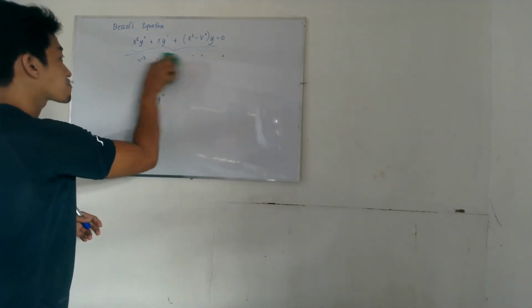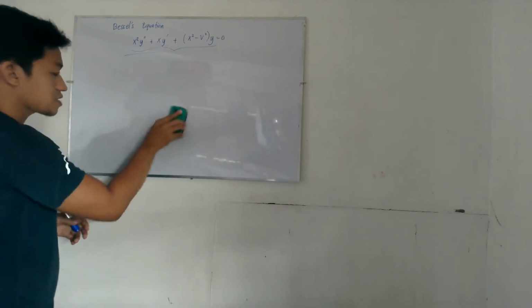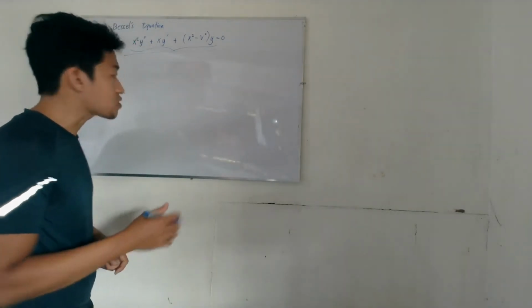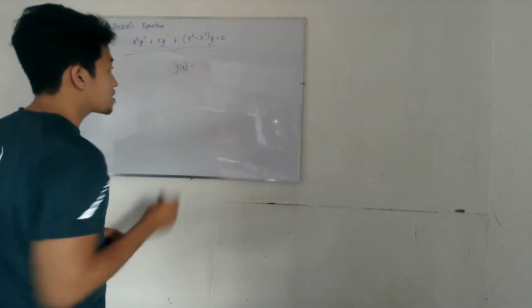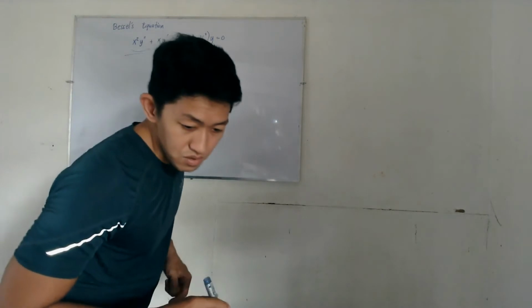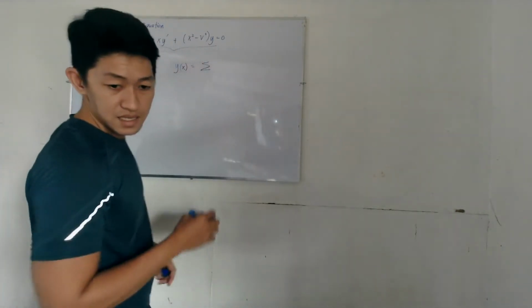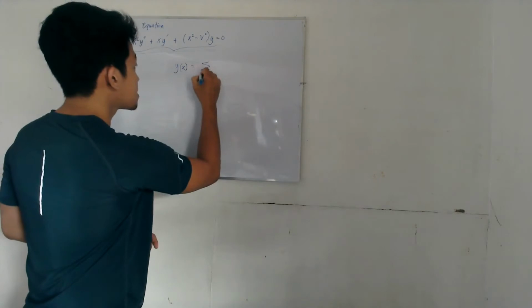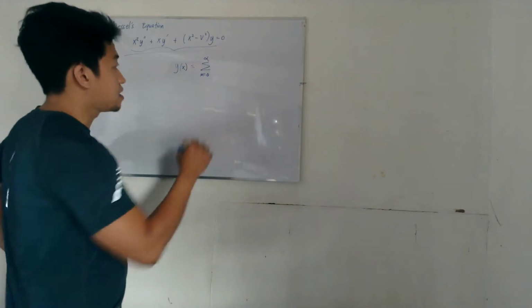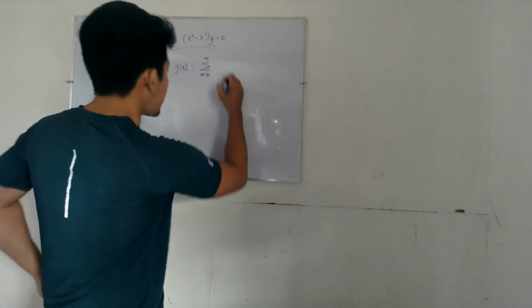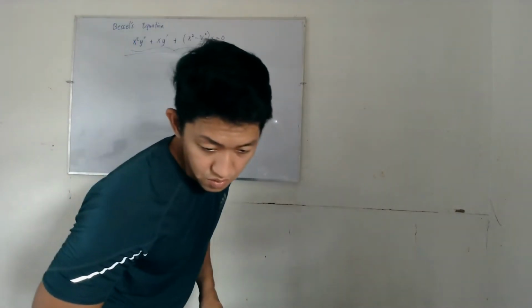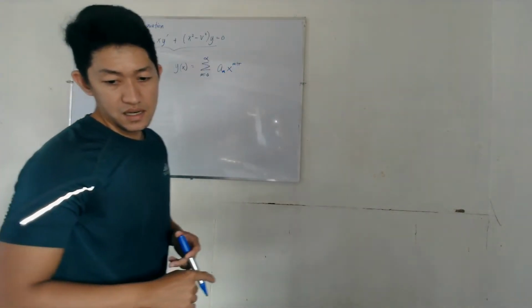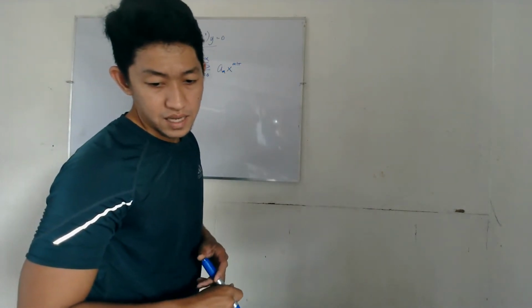So, using that, according to Frobenius, the solution would follow this series: y of x equals the summation of a_m x to the m plus r, where r is a non-zero number.